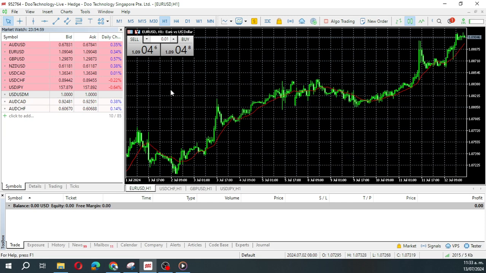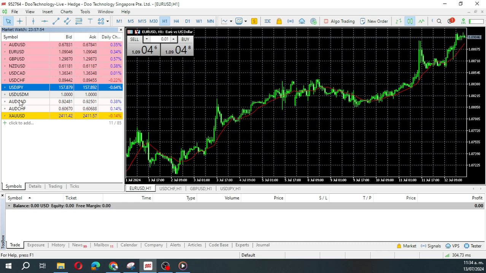So let's modify it to make it more friendly to all of us. At first I want to add some new symbols. I'm going to add gold. This is gold right now. I click plus, and USD JPY is here.